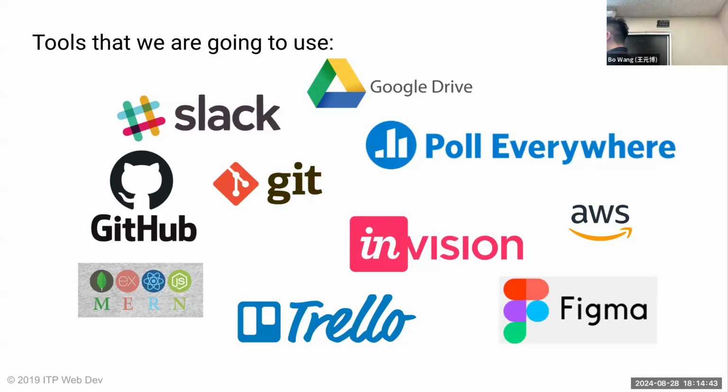Obviously, AWS is a cloud system. For each topic of the class, we'll talk specifically about how to use some of the tools as well. Okay, so these are the tools that we're going to use.